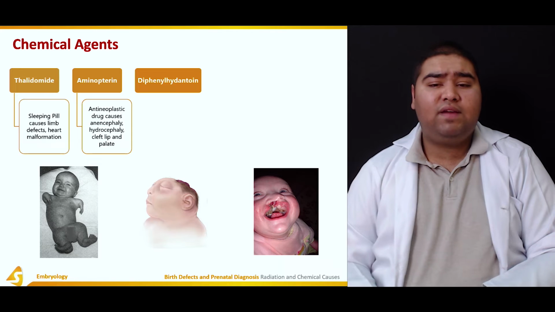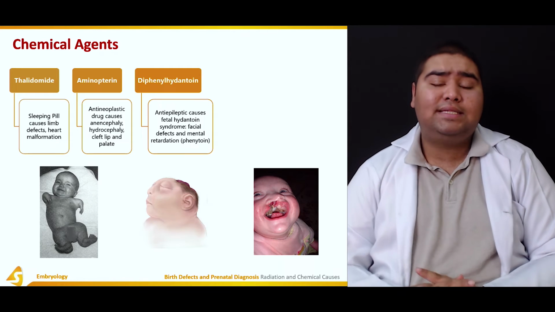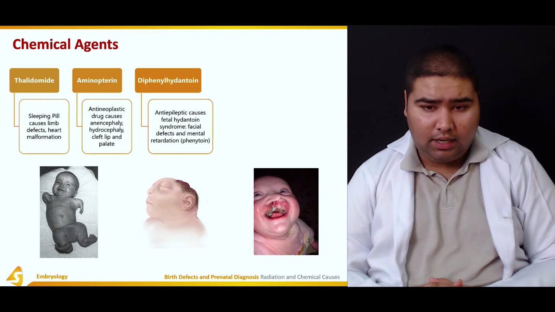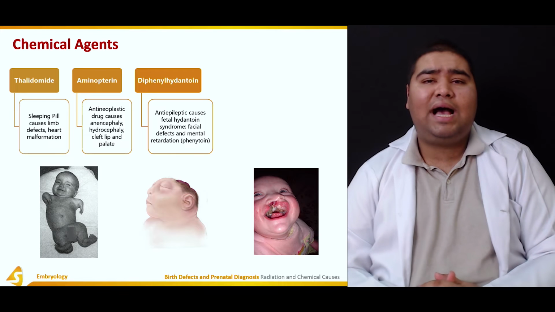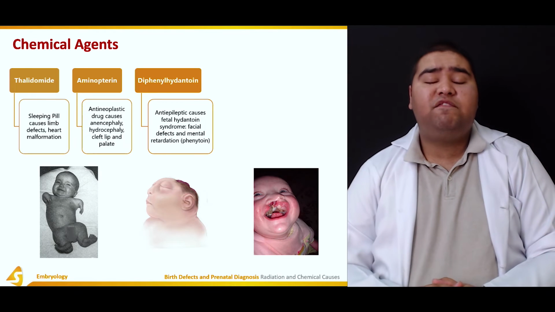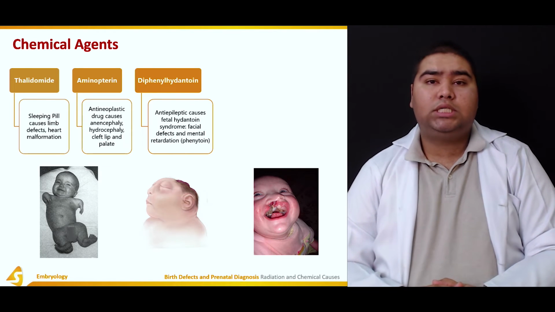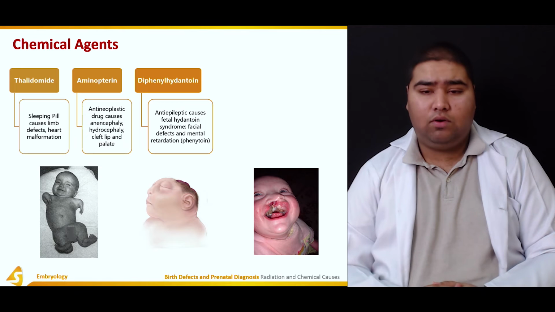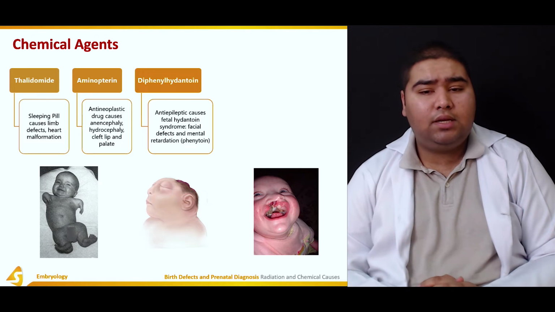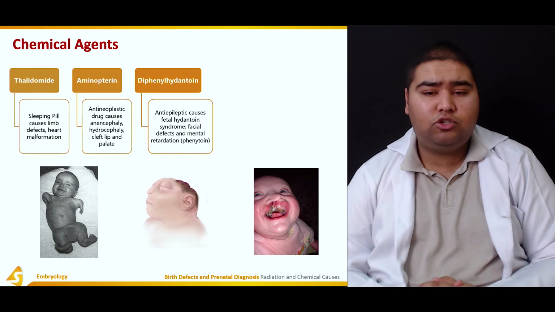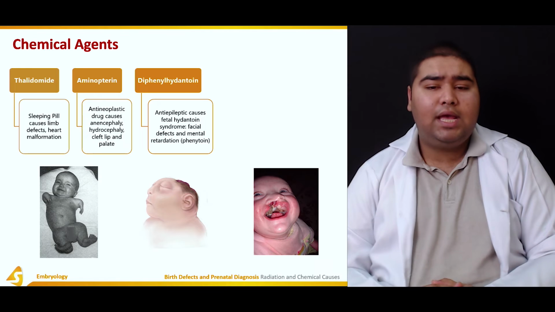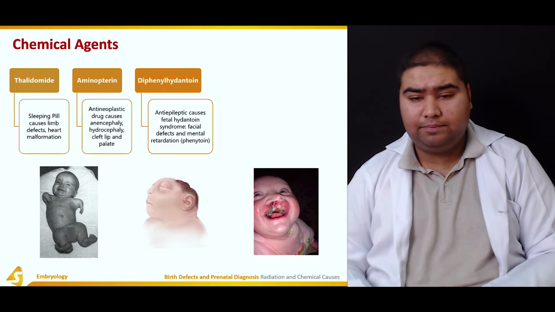Next, we have diphenylhydantoin. It is an anti-epileptic drug that causes fetal hydantoin syndrome. Phenytoin is the active agent in this drug. Any drug with phenytoin can cause this. The patient in fetal hydantoin syndrome may have facial defects and mental retardation.